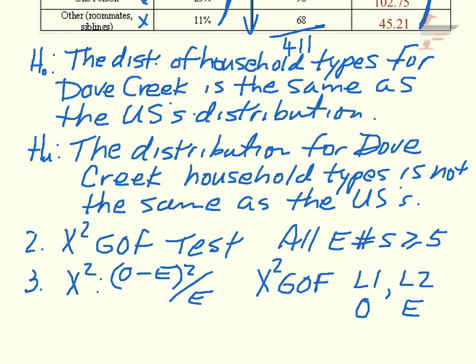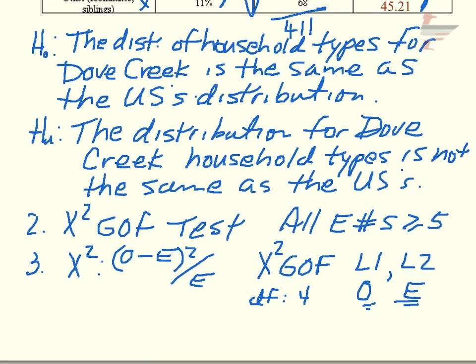So when you run these tests, you're going to want to put these numbers into list 1 and list 2, and all you'll need to do then is put in the degree of freedom, which was 4 in this case, and hit calculate, and it will give you your chi-square number.